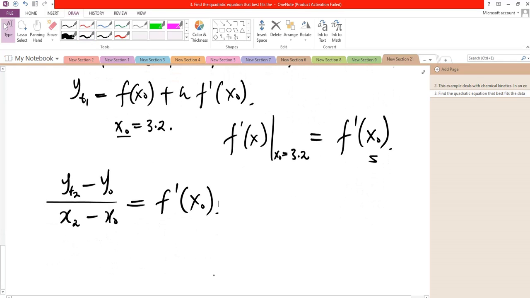Now this x subscript 2 minus x subscript 0 is something as, let me write it down, 2 times h, which is 2h.